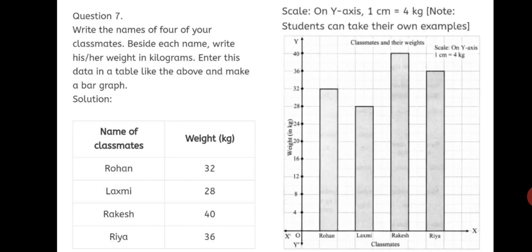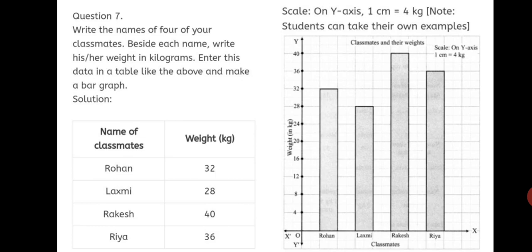Since I see the weight here in multiples of 4, I use the table of 4 here to write my scale. So, choose your weight, what you are taking carefully. You can take in multiples of 5 also. So, write the title, classmates and their weights. Then draw your x-axis, second step, and y-axis and point of intersection 0.